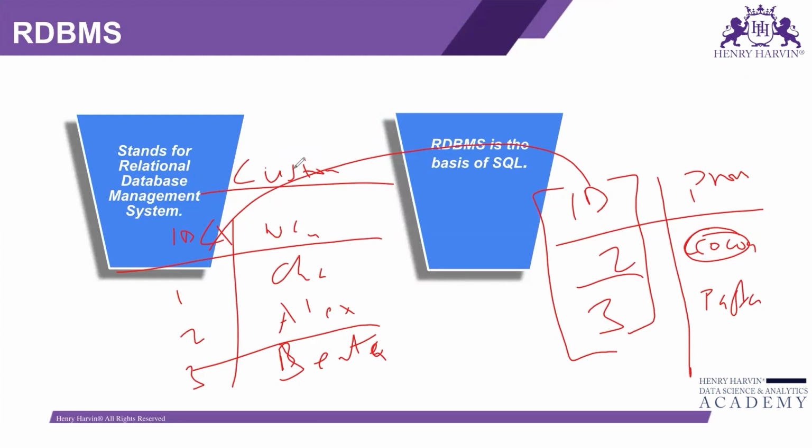So that's what we refer to as the relational database management system. We can have different tables in it, where data is organized into tables, each consisting of a number of rows and columns, and the relationships between the tables are defined by establishing associations between the tables based on common field attributes.